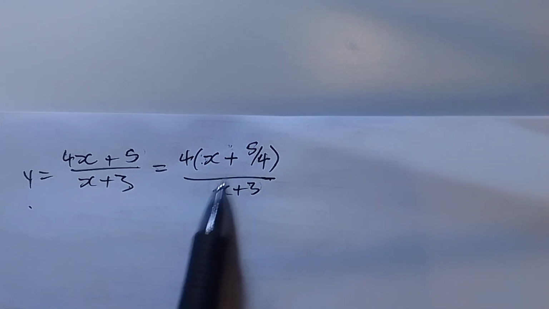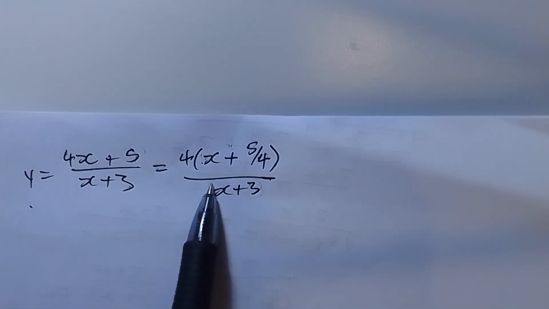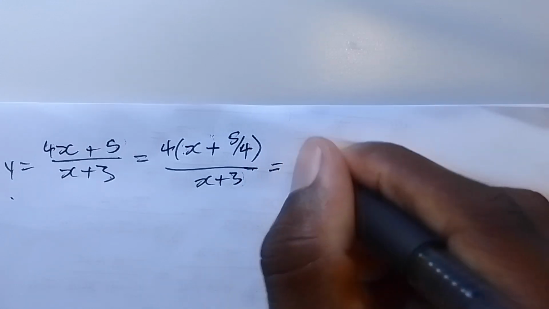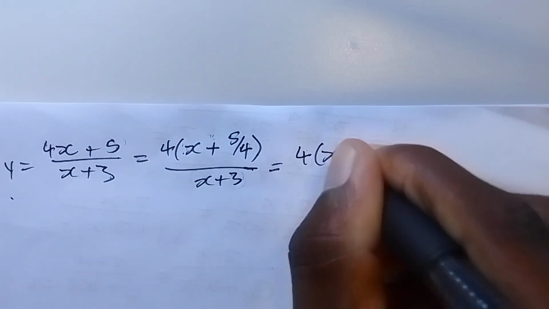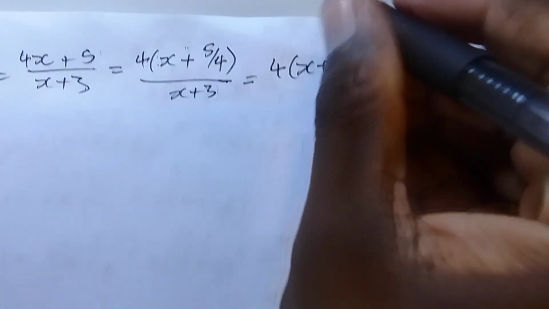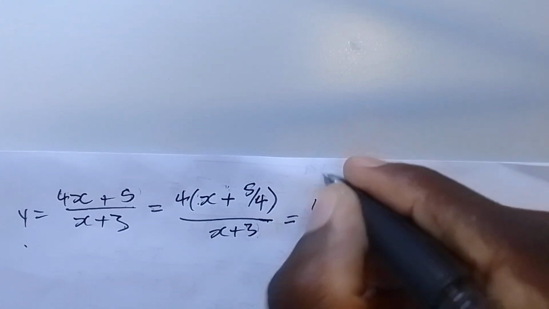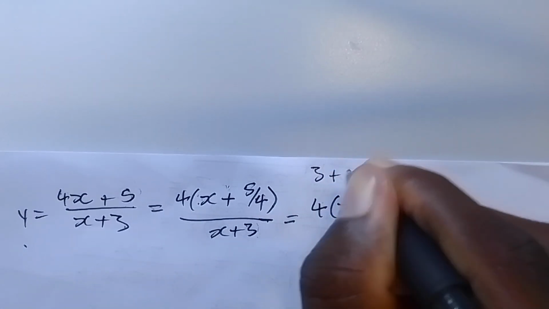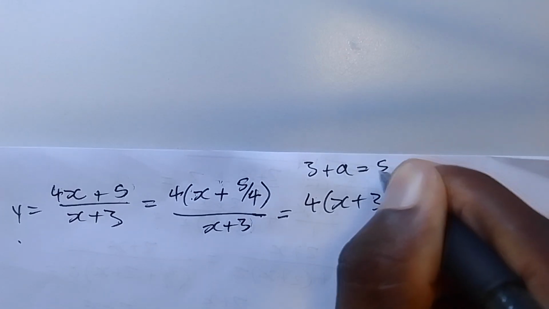Up here you want to have an x plus 3, so you force it to be there. So you have 4 into x plus 3. And then you go to the side and say 3 plus a is equal to 5 over 4.